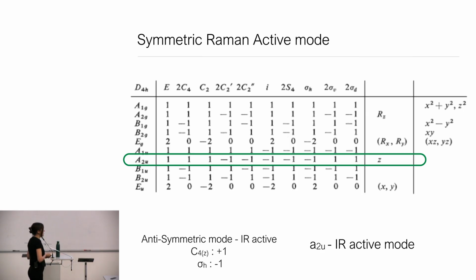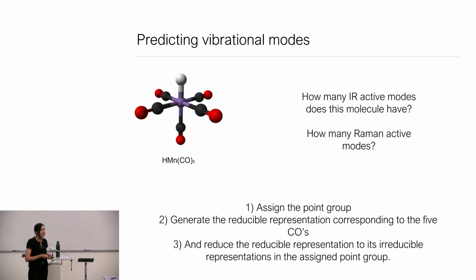Now, the reality is that sometimes you can do simple inspection, but sometimes the molecules are a bit more complex, and then we need to actually use group theory to assign things. So let's take this molecule where I have a hydride and 5 bound COs. And the first thing I want to figure out is how many IR active modes I have and how many Raman active modes I have.